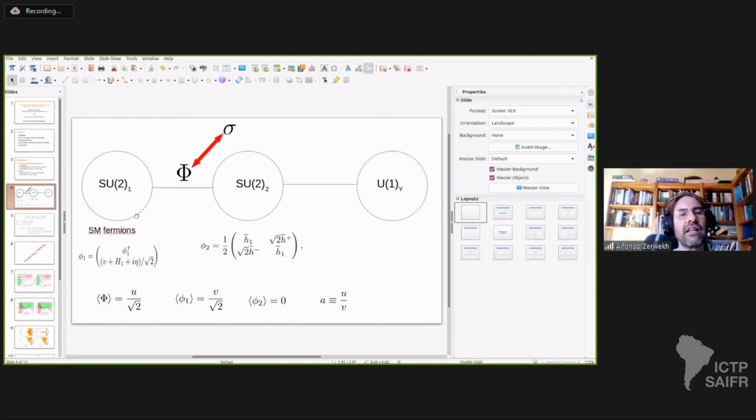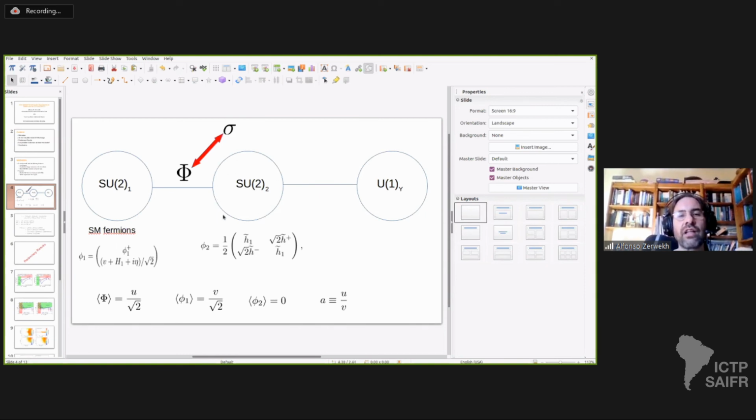And we assume that all the standard particles, in particular the standard fermions, transform under this group, and the usual Higgs doublet also transforms under this group.